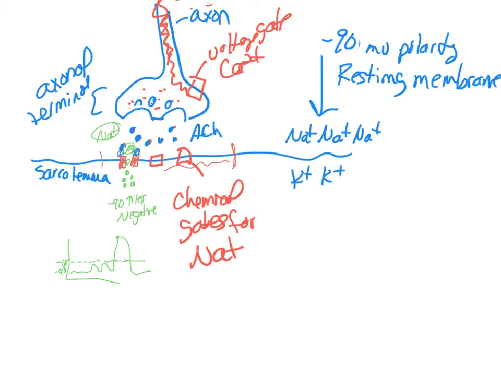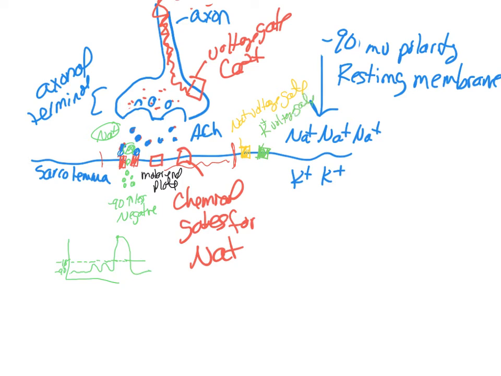So if I get enough of a charge change that I get over to this area, this is the, I need a new color, motor end plate area. If I get over here to the rest of the sarcolemma, let's use yellow, and this is going to be a sodium voltage gate. And then in green, we're going to put in a potassium voltage gate.